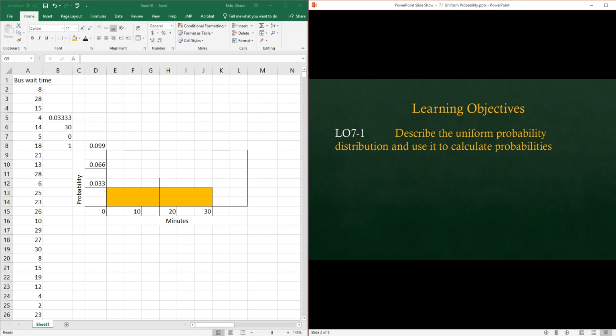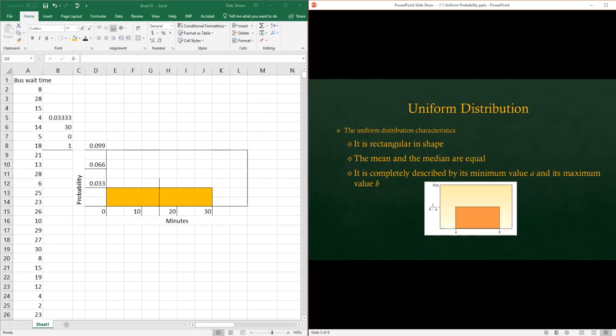Okay, so we're looking specifically at the uniform probability distribution and how to use it to calculate probabilities if it meets the parameters of being able to use a uniform probability distribution. So a uniform probability distribution is very specific with the requirements.